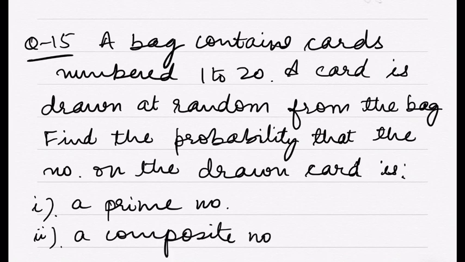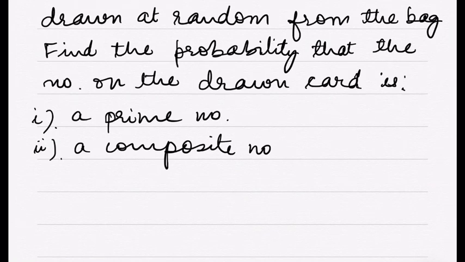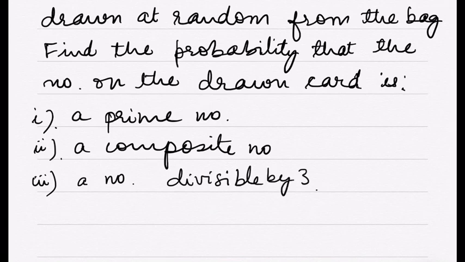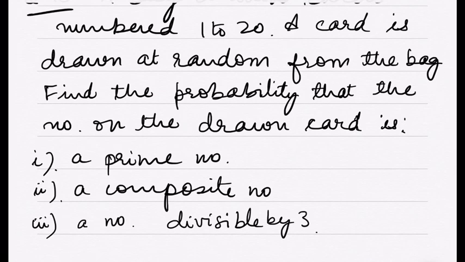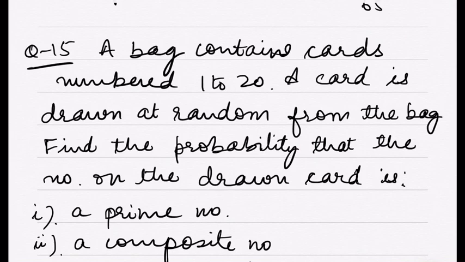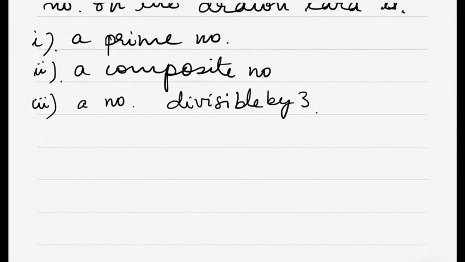Second part is a composite number. And the third, a number divisible by 3.